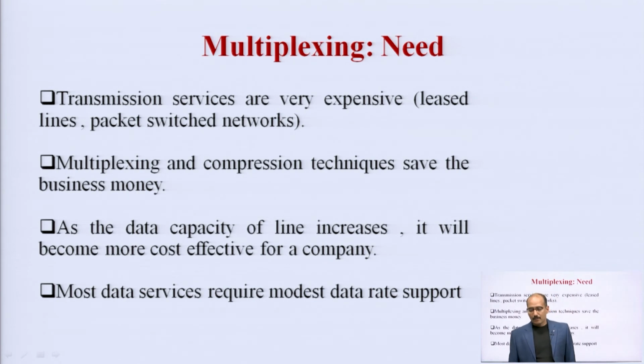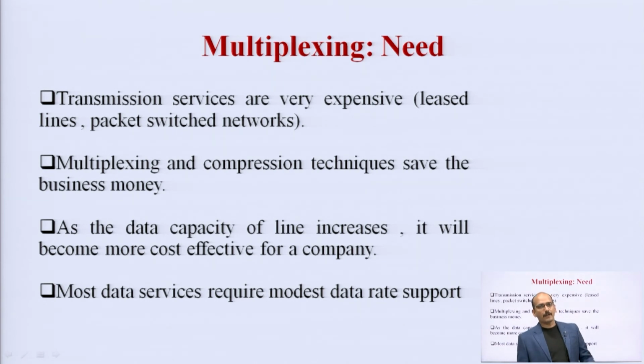Second point is multiplexing and compression techniques save the business money, which is also related to the cost cutting part of the requirement. And also for a company the data capacity of the line is increased when we are using time division multiplexing, and most data services require modest data rate support in the case of these multiplexing schemes.